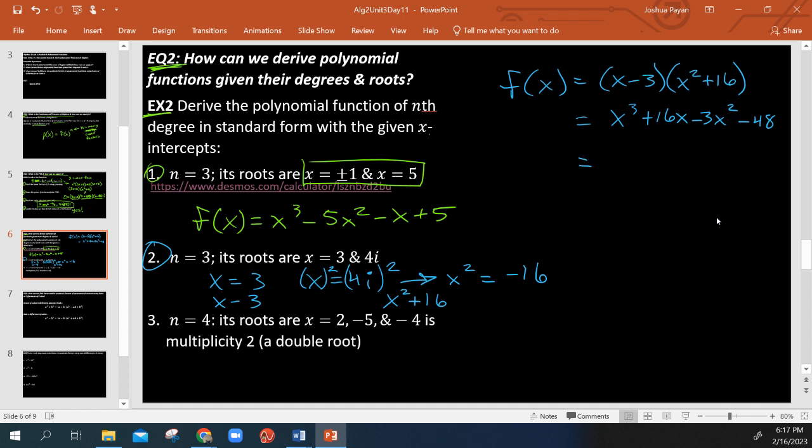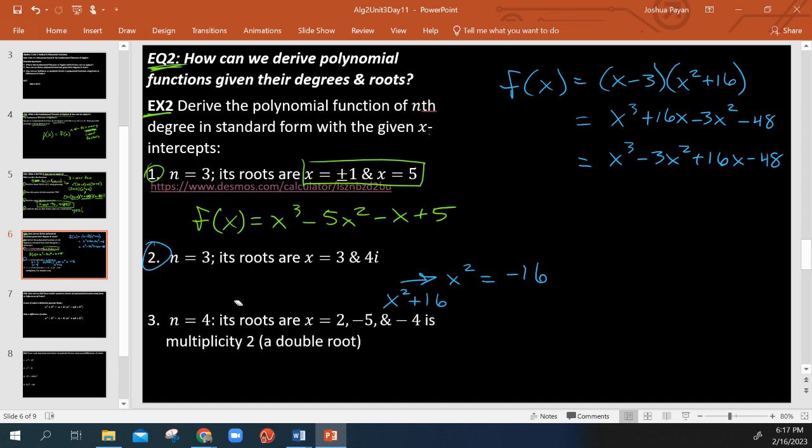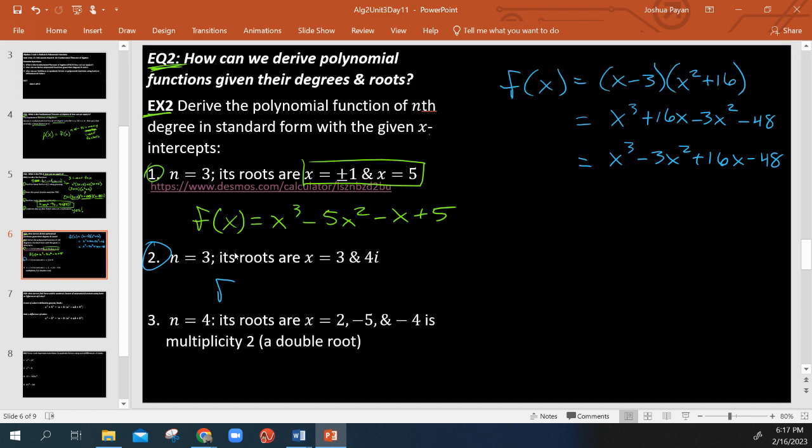Okay, so if we rewrite that in standard form, x to the third minus 3x squared plus 16x minus 48, that would be my f of x for that one. Okay, so if I have a third degree polynomial whose roots are 4i and positive 3, the resulting polynomial function would simply be x to the third power minus 3x squared plus 16x minus 48.